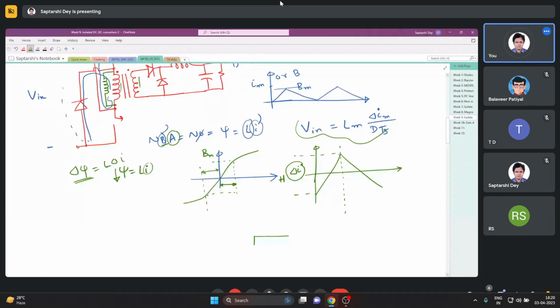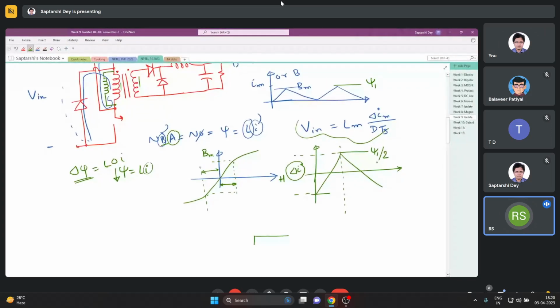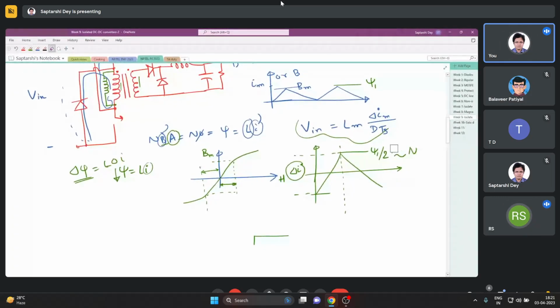But if you look at the peak value, positive and negative peaks, that is halved. If the flux linkage corresponding to this was psi 1, then here it is psi 1 by 2, which corresponds to a flux, say, equals n phi 1 by 2.